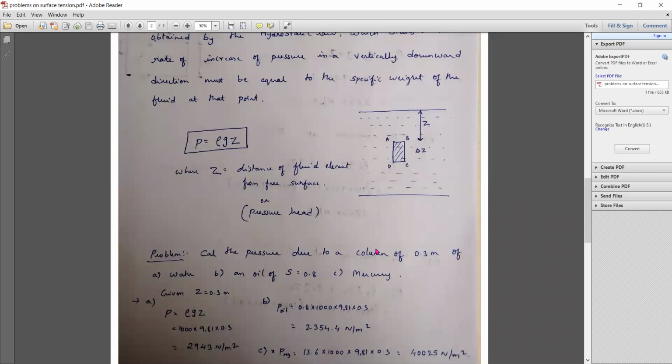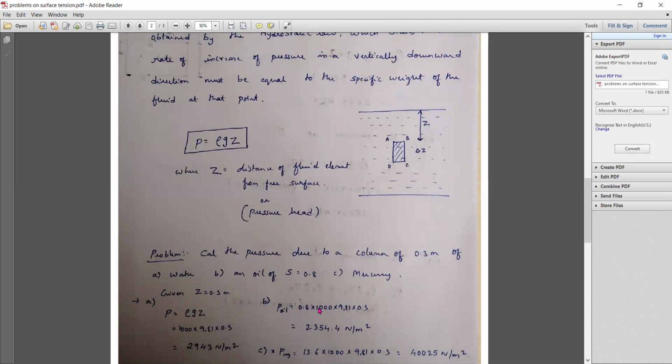Since it is a liquid, you have to take water as the standard fluid. So density of oil is specific gravity into density of water, 0.8 into 1000.